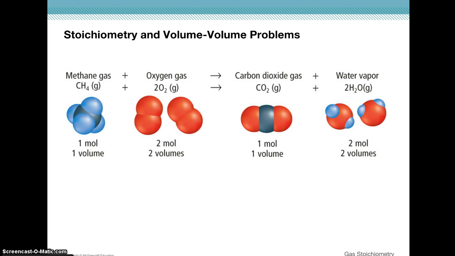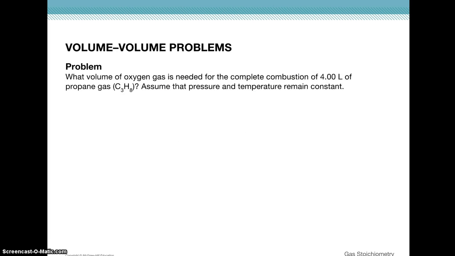We could also look at it in terms of volume, which means if we had a liter of methane and 2 liters of oxygen, we would get a liter of CO2 and 2 liters of H2O. So any of those volumes could be liters, could be milliliters, but the ratio is the same as the mole ratio. So let's take a look at how this would work for a particular balanced equation.